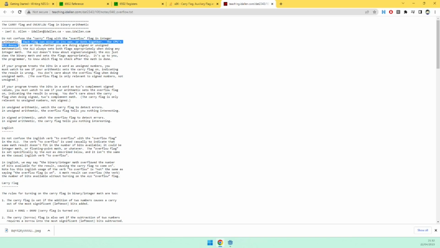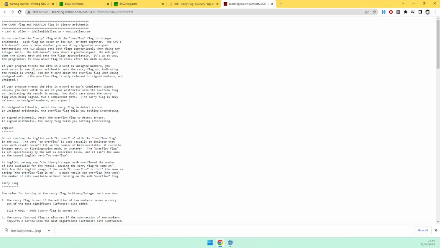The CPU's ALU doesn't care or know whether you are doing signed or unsigned mathematics. The ALU always sets both flags properly when doing integer math. If your program treats the bits in a word as an unsigned number, you must watch to see if your arithmetic sets the carry flag on, indicating the result is wrong.